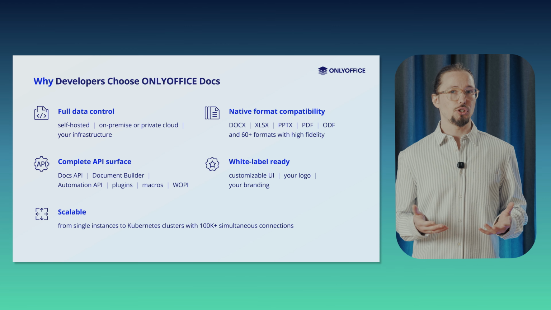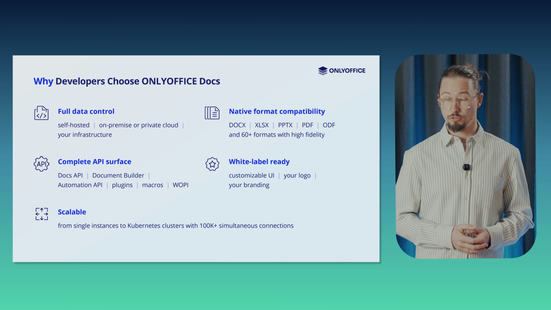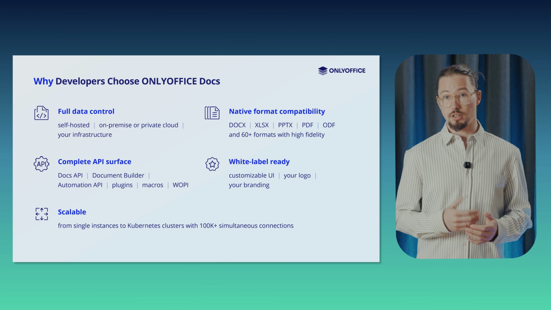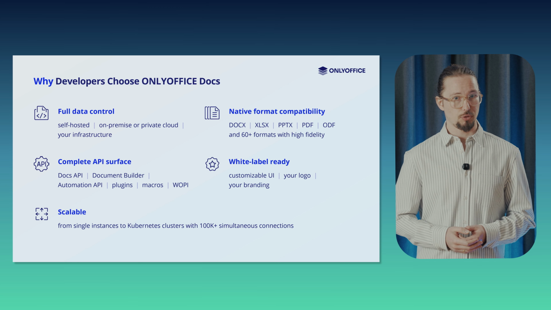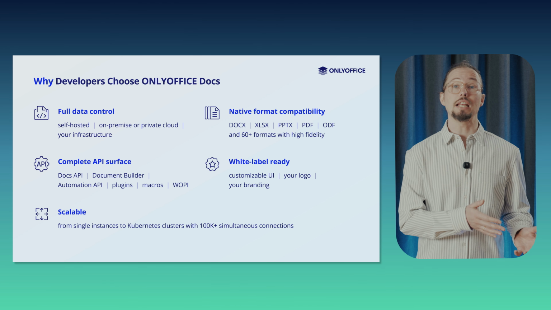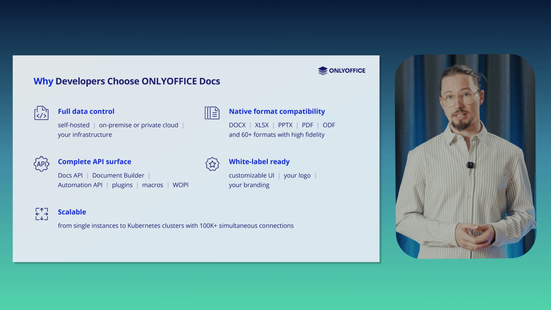What does this mean for you as a developer? Three things. First, full control. You host it on your own infrastructure. Docker, Linux, Windows, Kubernetes. Your data never leaves your environment. Second, native compatibility. ONLYOFFICE handles all the major Office formats.